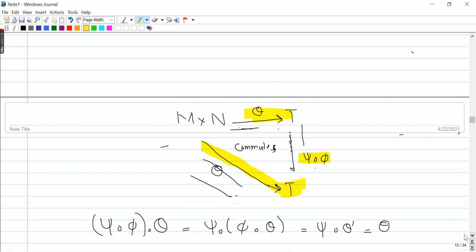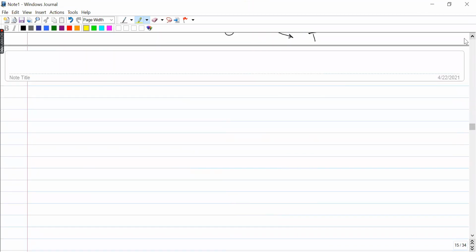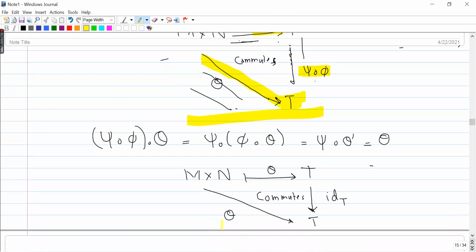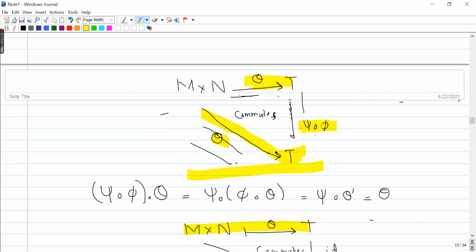Now if you compare the first diagram with the second diagram, this part was given, but for this theta there exists a linear map, because phi and psi both are linear maps, so their composition will also be a linear map.